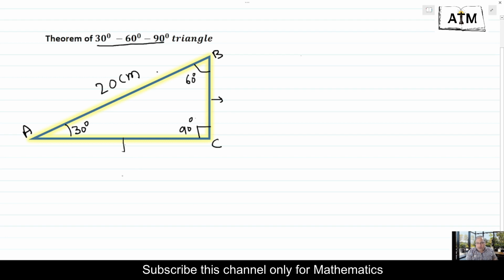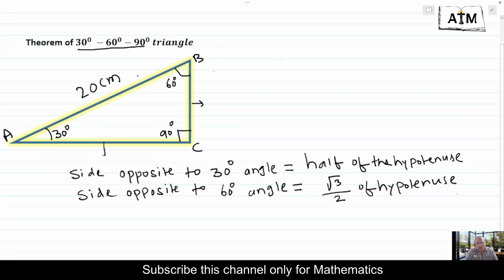By using that property, we can easily tell what is the length of AC and what is the length of BC. According to 30, 60, 90 degree property, the side opposite to 30 degree is equal to half of the hypotenuse, and side opposite to 60 degree angle is nothing but √3/2 times of hypotenuse.